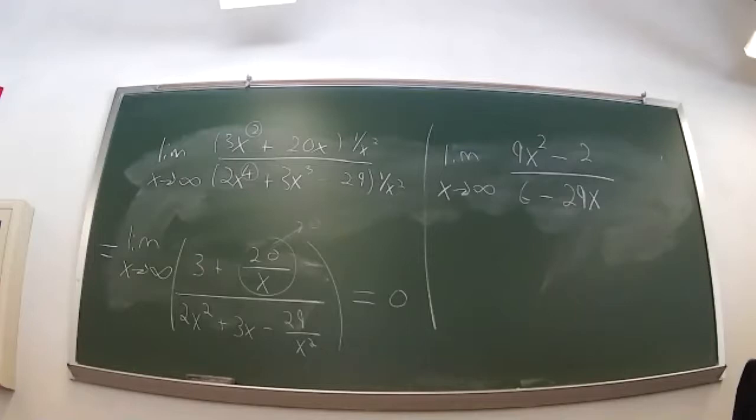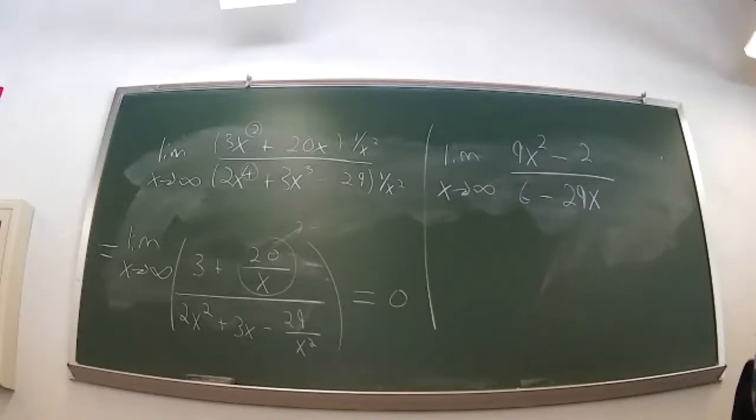The denominator would end up with 6 over x squared minus 29 over x. And so what happens to the denominator in that case? Maybe I do actually want to write this down a little bit.